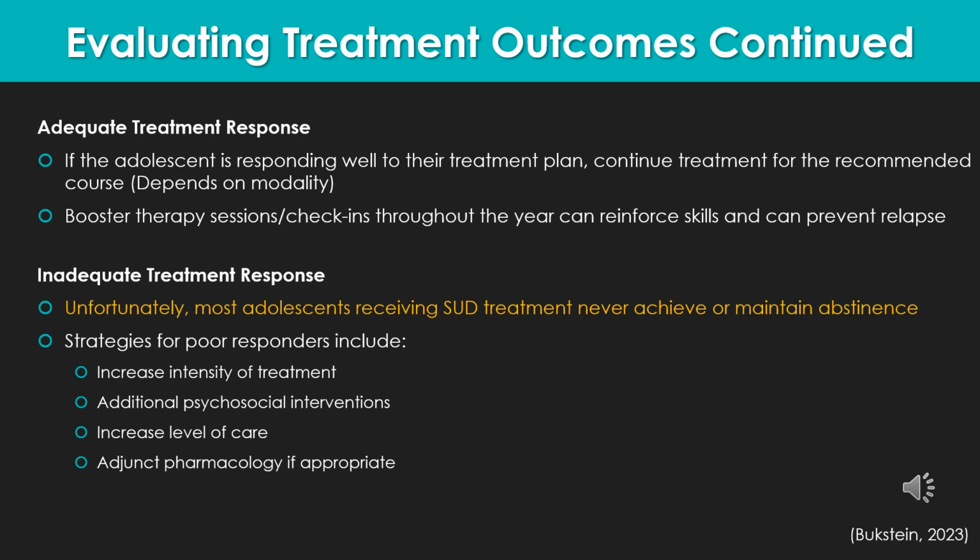You can add a different psychosocial intervention, so you can combine different psychotherapies or include a community resource, a mutual help group, adolescent assertive continuing care. Those are options. You can always increase their level of care, so enroll them in like an IOP program or even a residential treatment facility or inpatient treatment if indicated. And you can incorporate adjunct pharmacotherapy if appropriate.